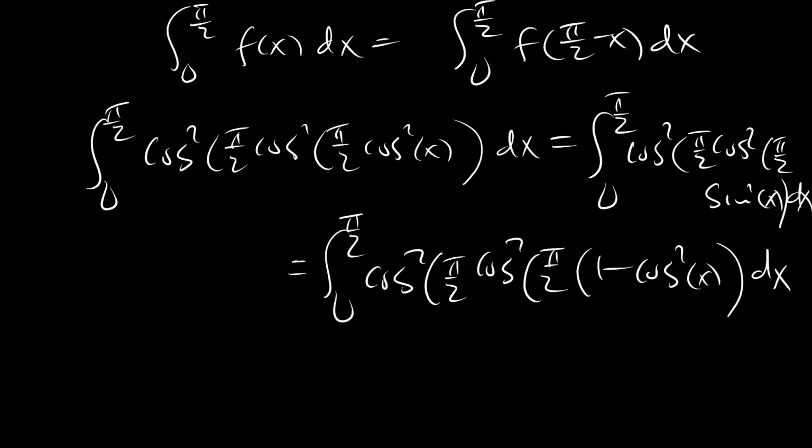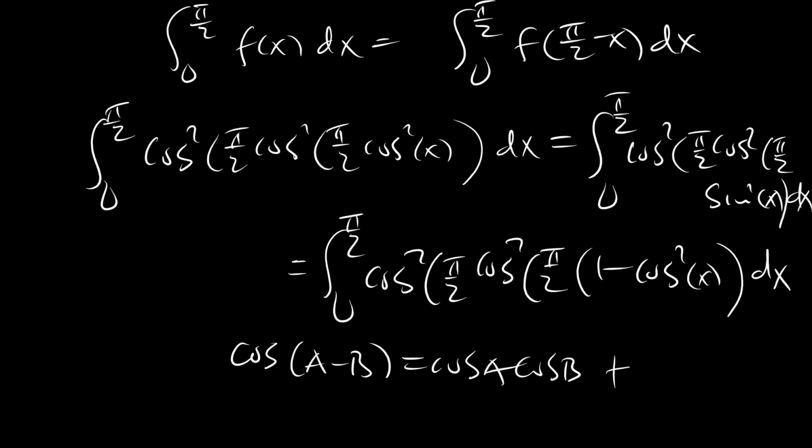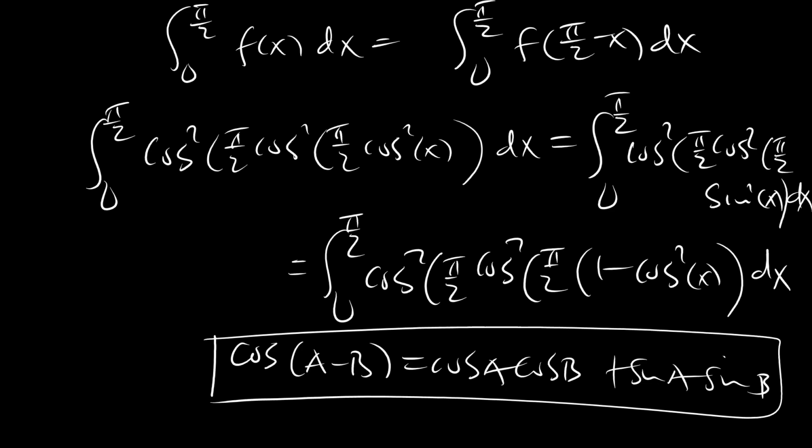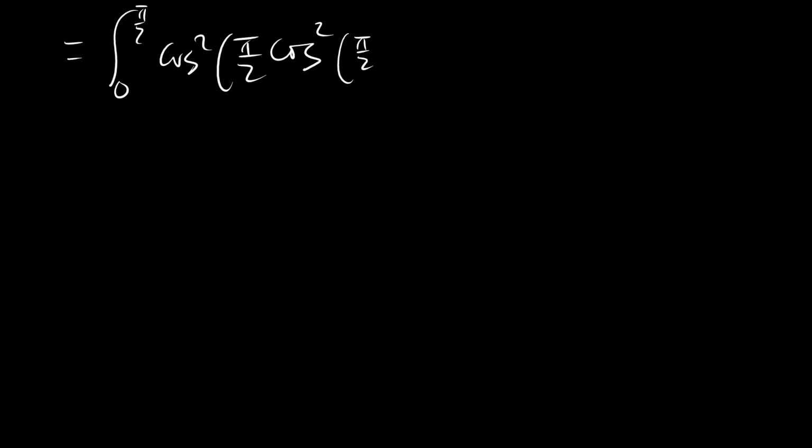which allows us to, since cosine of a minus b is equal to cosine a cosine b plus sine a sine b, since we have that, now since we have our problem here, which is cosine squared of pi over 2 cosine squared of pi over 2 of sine squared of x, it is the same as the integral from 0 to pi over 2 of cosine squared.